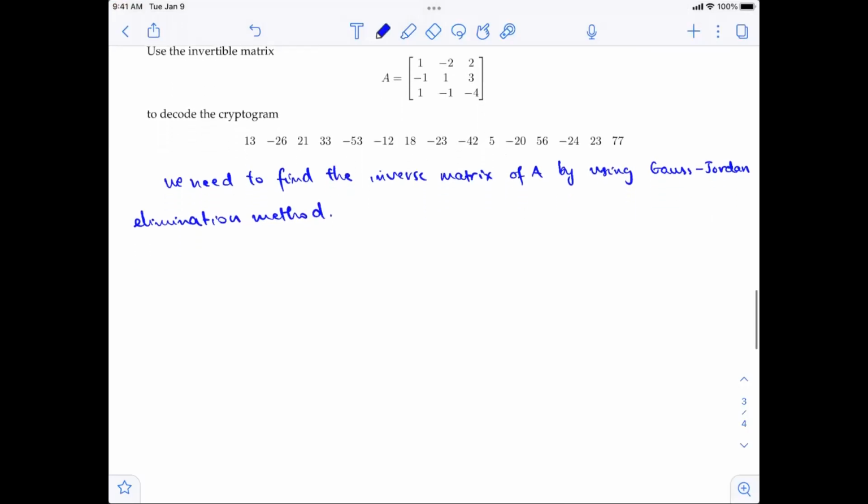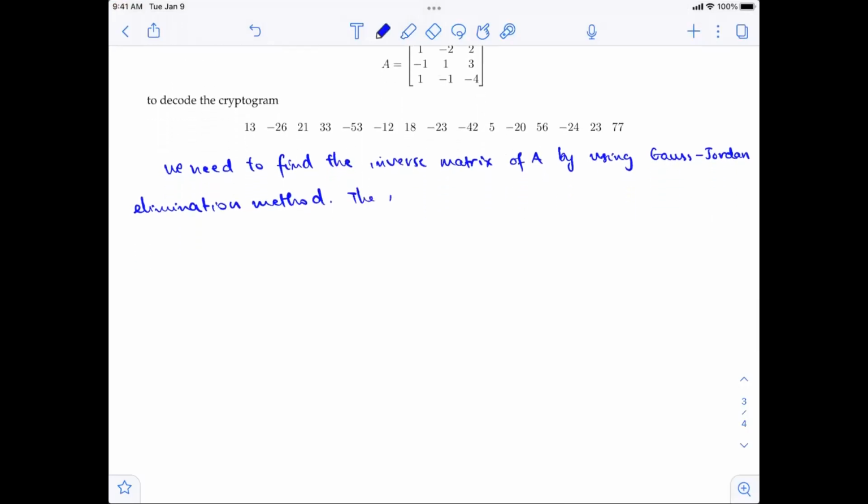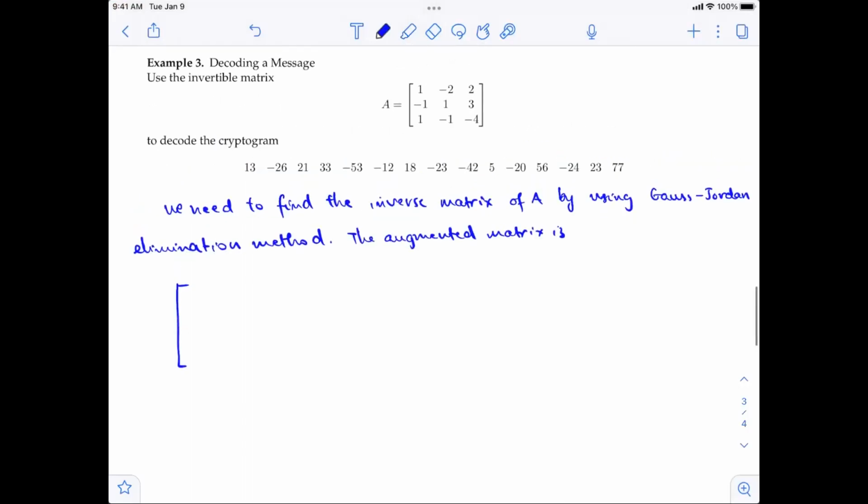The augmented matrix is of the form: on one side, 1, -2, 2, -1, 1, 3, 1, -1, -4, and after the vertical line, 1, 0, 0, 0, 1, 0, 0, 0, 1.